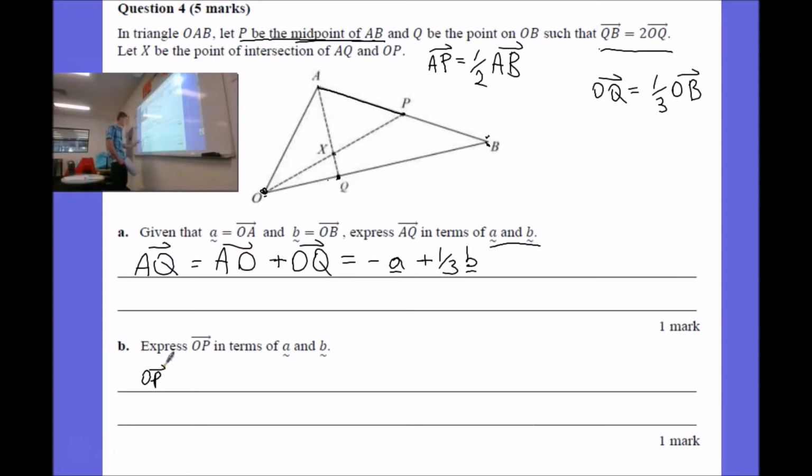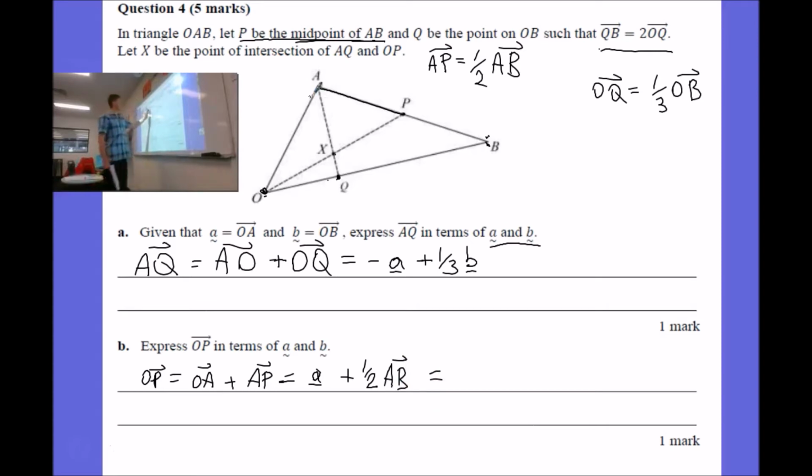O to P. Going from O to P, first we could go from O up to A. And then we can go from A to P. Well, O to A we know, that's vector a. A to P was half of A to B. So we've got vector a plus half of A to B.